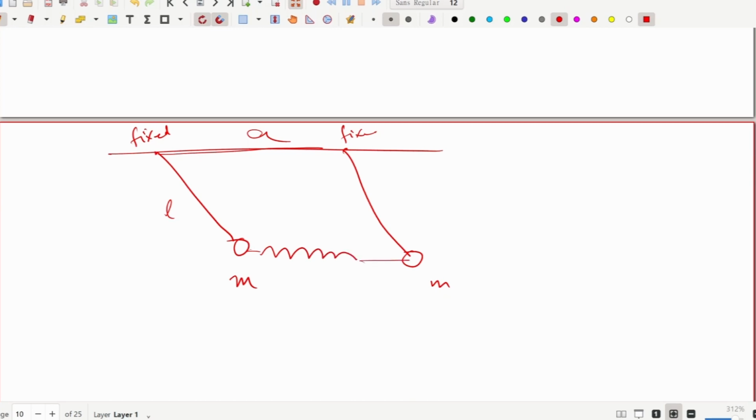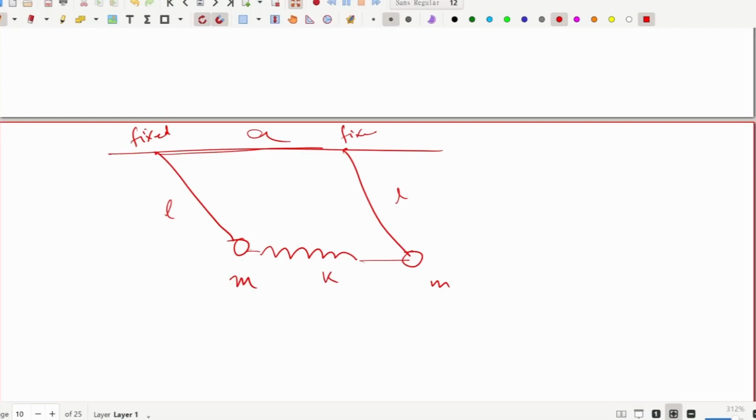So these are two separate pendulums with length L and mass m, their points of support are separated by a length A, and the two masses are connected by a spring of spring constant K, and rest length A.